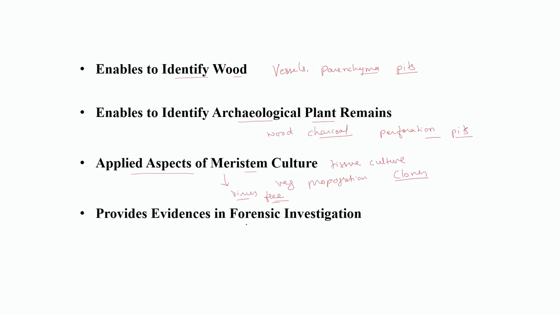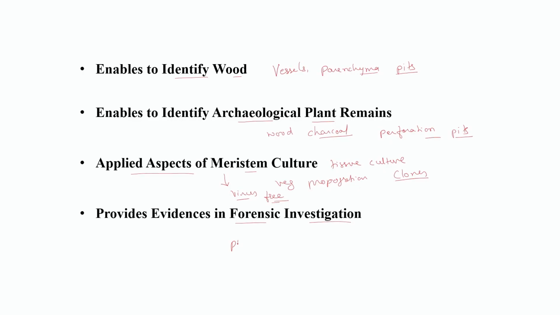Anatomy can also be used in forensic investigation, which means solving criminal cases with the help of science. In plant science, you can use plant anatomy to solve criminal cases. Suppose some pieces of plant are present on the crime site, or a person who is a suspect carries a piece of plant material, and you suspect that the person might have been present at the crime scene.